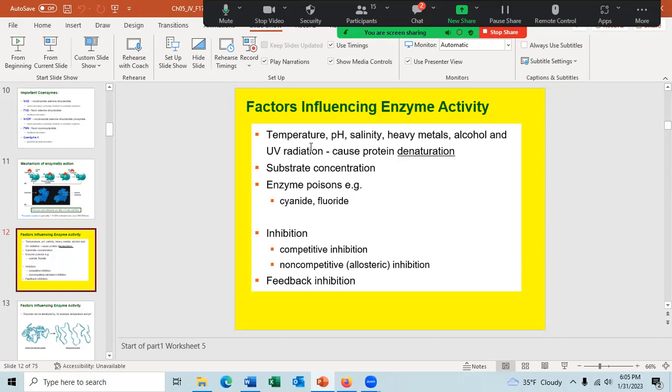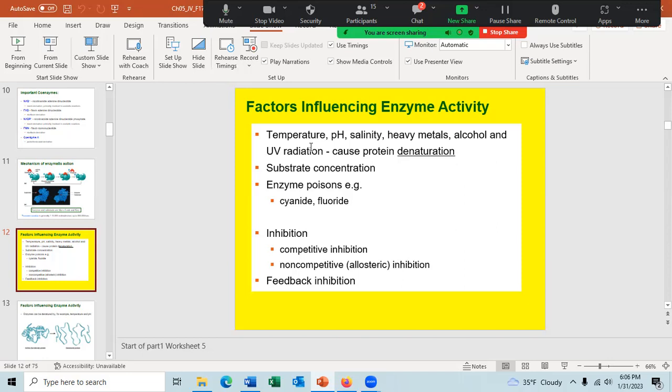And if each enzyme is affected by the poison, you will have no enzymatic activity, such as when you put cyanide in the environment. Obviously, cyanide would kill cells, and that would stop the enzyme from working. Any question about any of that? If not, we're going to talk about inhibition.